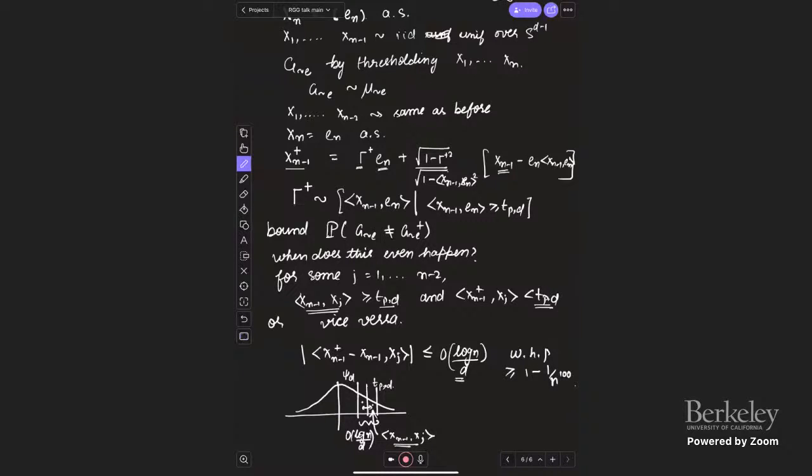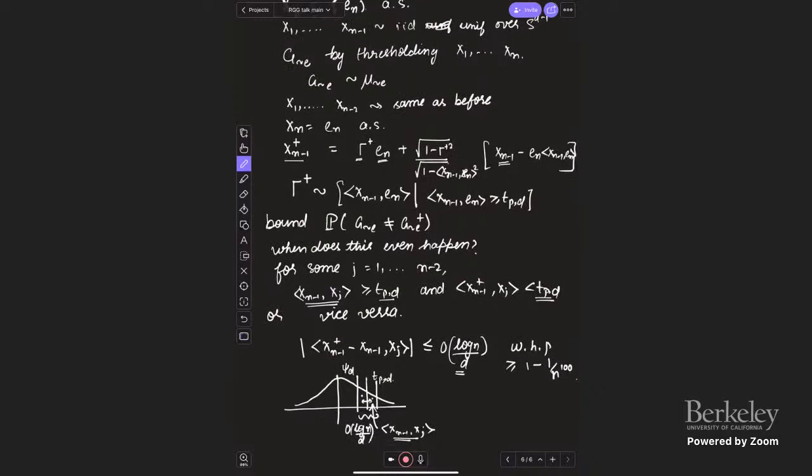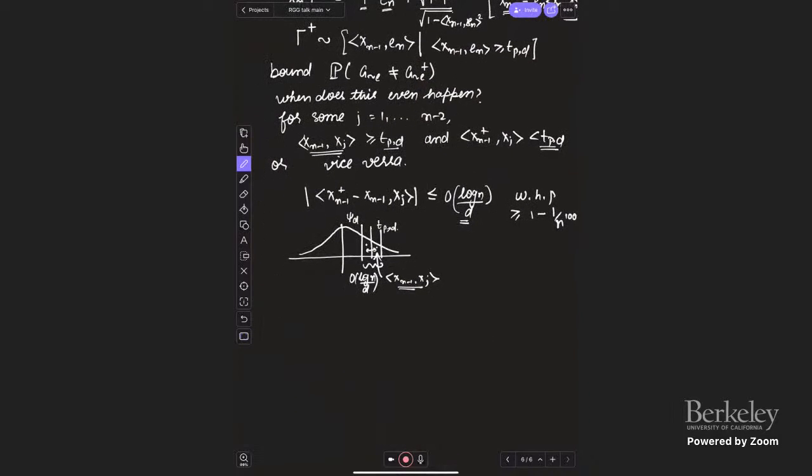What is the probability that the inner product between x_{n-1} and x_j belongs to this narrow band? That is approximately equal to psi_d of t_{p,d} times O of log n over d, which is approximately p times square root of t over d up to log factors, which is p over square root of d up to log factors.